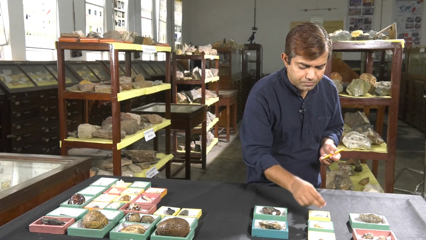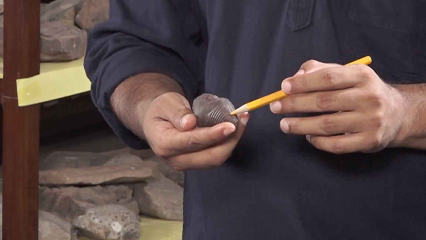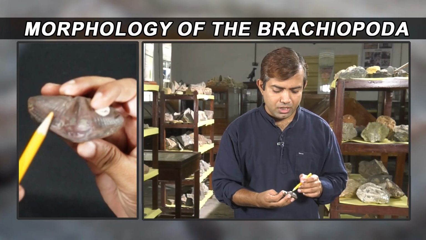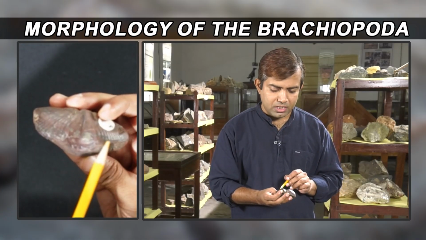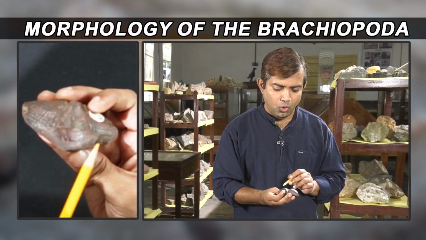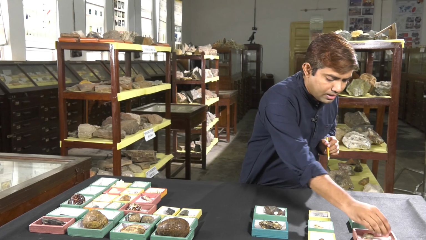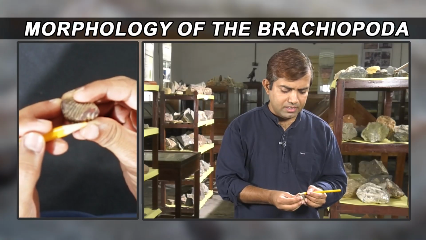Here in Terebratula, the line of commissure is with the sulcus. Here in Syringothyris, you can see this is the line along which these two pieces of the shell join. So, this line is having the lobes and the sulcus. Sometimes you can have the interdigitations, as you can see the zigzag line.